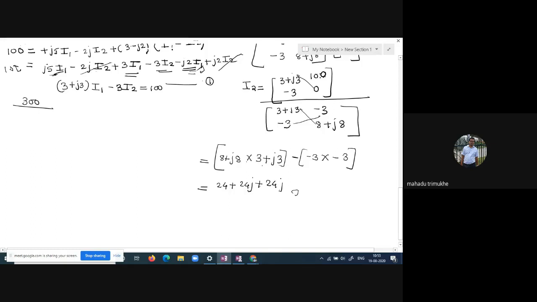But j squared should be minus 1, so we'll take minus sign here, minus 24. Understood? Then minus minus plus, you will get here 9. So what are the equations you will get?